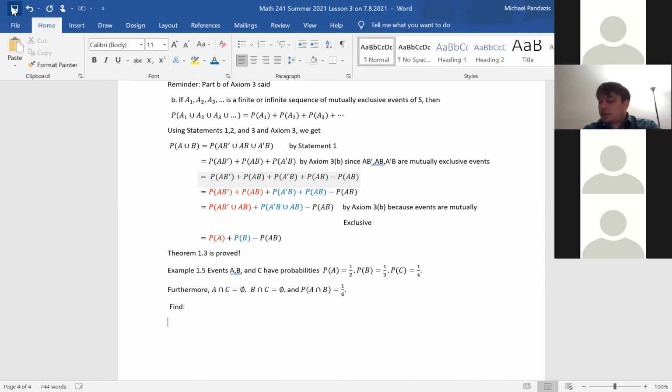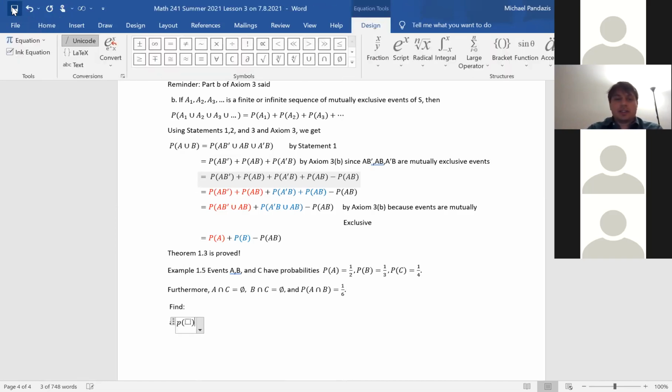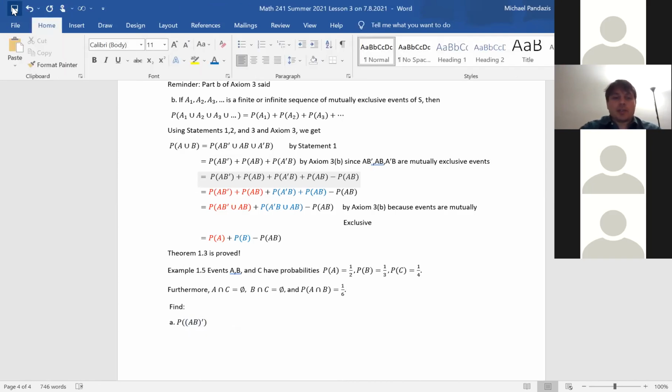In part A, we want to find the probability of the complement of A intersection B, which I'm going to denote as AB prime. So the prime of A intersection B is 1 minus P of AB.